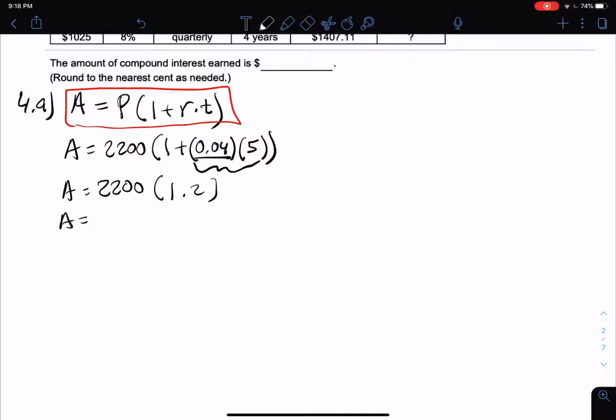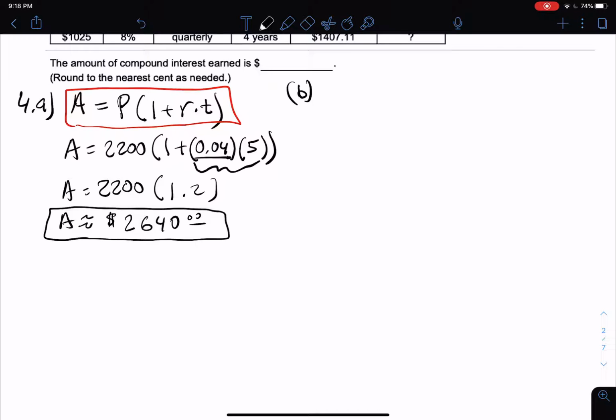Then if we multiply 2,200 by 1.2, and we round to the nearest penny, we end up getting $2,640.00. And that is our future value of $2,200. That's our future value in 5 years, making simple interest at 4%. Let's do part B.